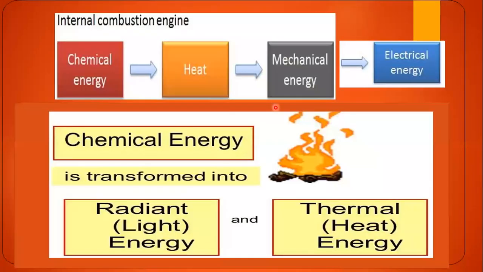In IC engines we have chemical energy, which means the hydrocarbons within the fuel. When they mix with air, and in addition we supply heat to the chemical energy in the air-fuel mixture, that heat means initiation of a spark with the help of a spark plug if it is an SI engine, spark ignition.